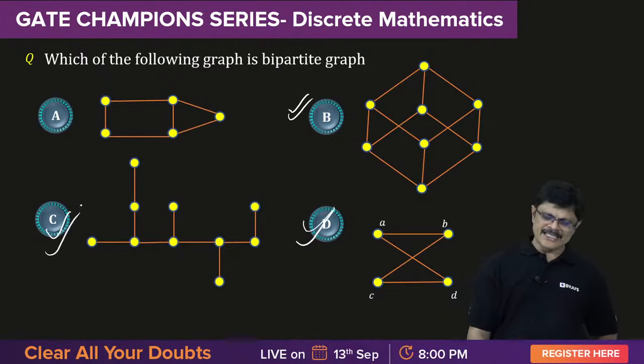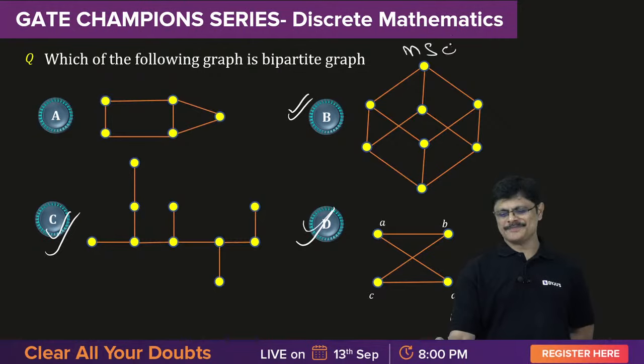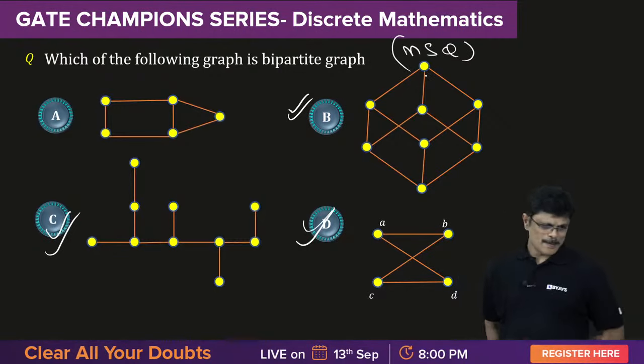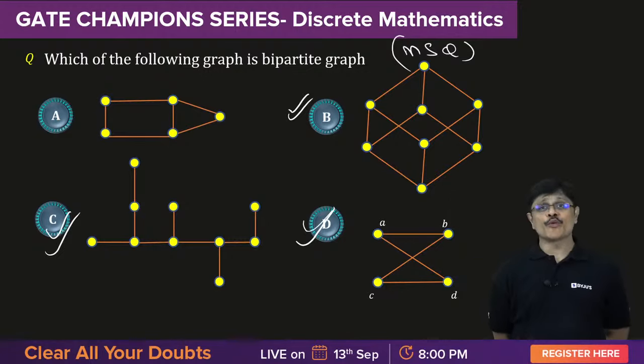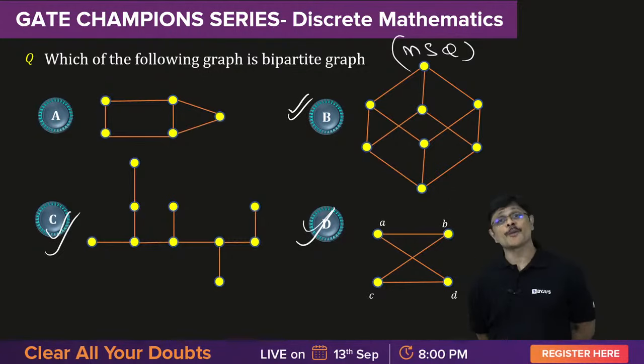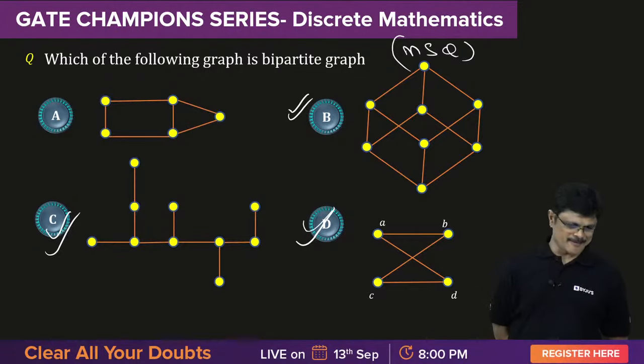B, C, D is the answer. It is MSQ. These three are bipartite. Not just B and D, but B, C, D. Every tree is a bipartite graph. Every tree with 2 or more vertices is a bipartite graph.